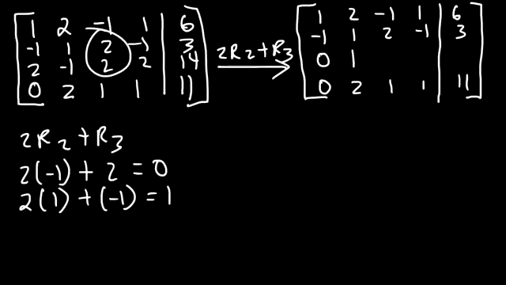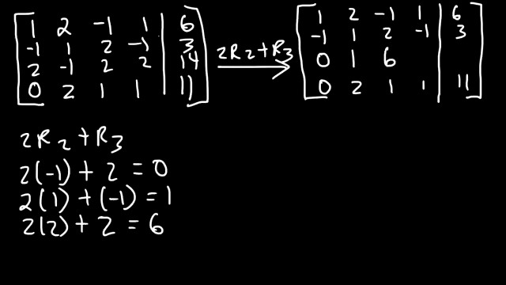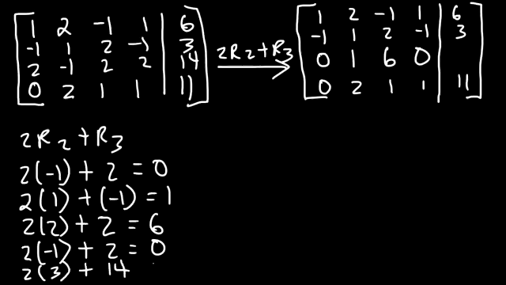Now for the third column, row 2 is equal to 2, and row 3 is also 2. So we have 4 plus 2, which is 6. For the fourth column, it's going to be 2 times R2, which is -1, plus R3, which is 2. -2 plus 2 is 0. And for the last column, or the fifth column, R2 is 3, R3 is 14. So we have 6 plus 14, which is 20.